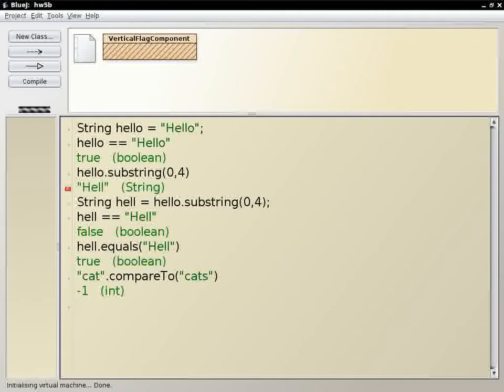And so if we compare cat to dog, then the -1 again says that in the dictionary the cat would come first. So let's compare dog, compare to bug.